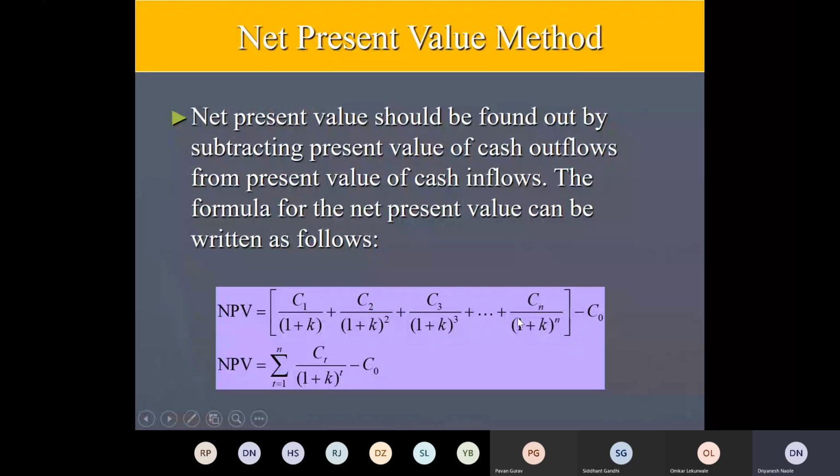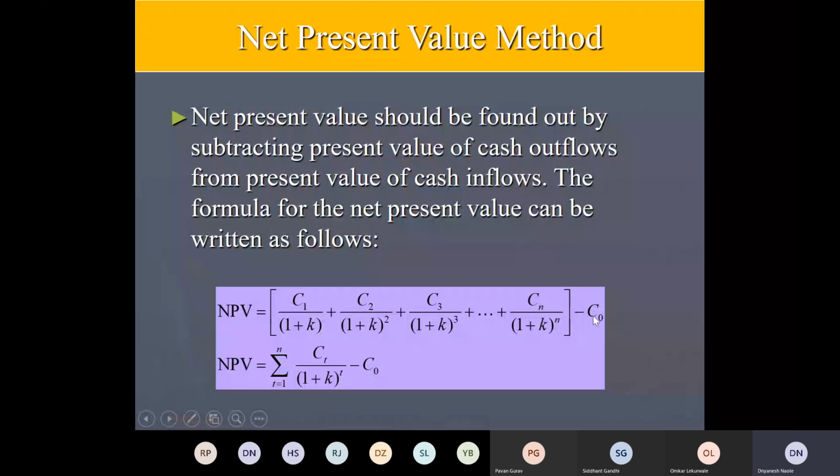Can you write this down? Just simply note this down in your notebook. Next example will be using this formula. C1 upon 1 plus K plus C2 upon 1 plus K whole square plus C3 upon 1 plus K cube plus so on up to Cn upon 1 plus K raised to the power n, minus C0.